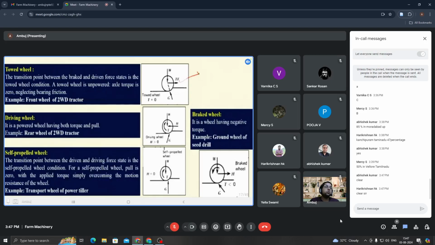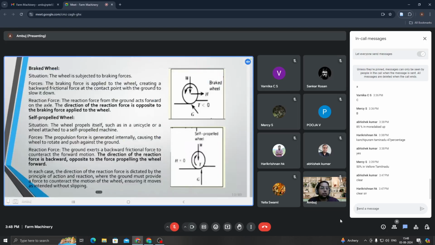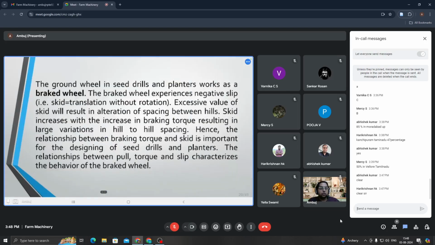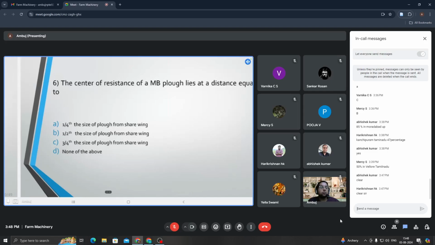From the exam point of view, just try to remember the examples, but from the theoretical point of view, just try to revisit this. You will get a lot of understanding. I shall move forward, because some numericals are there, so that will take more time. Yes, already I have explained each and everything.